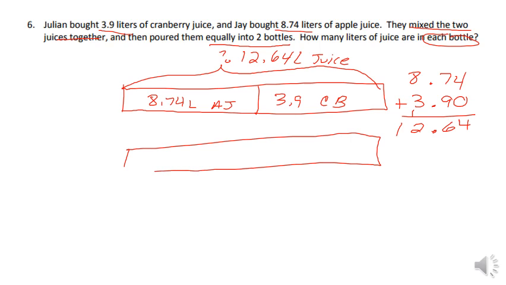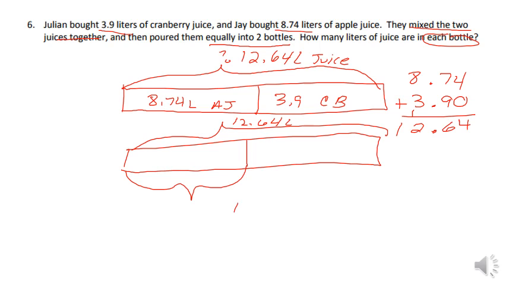Now it says that they divided them equally between 2. So now I've got my same tape diagram, and it's still going to equal 12.64 liters, but it's equally between 2 then. And I want to know how much is in 1. So I can see I have 12.64 divided by 2. And I can see all of these are multiples of 2.